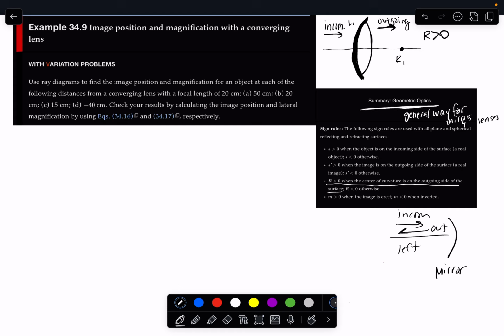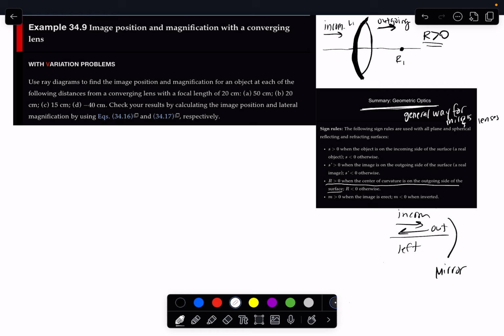In the next example, 3410, I will show you an example of a diverging lens. But now I'm just showing you why R is greater than 0 and how to interpret these sign rules from the summary in terms of a lens or a mirror. So now that we've established that the radius of curvature is positive for a converging lens, let's do this example.